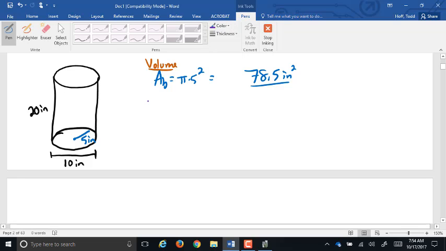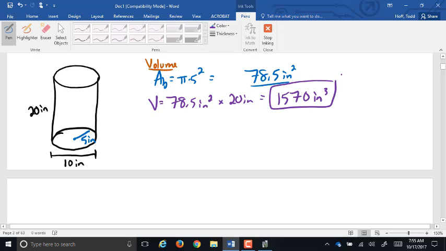So then the volume, 78.5 square inches times 20 inches of height. Is that 1,570 cubic inches? Does that look right? Close enough.